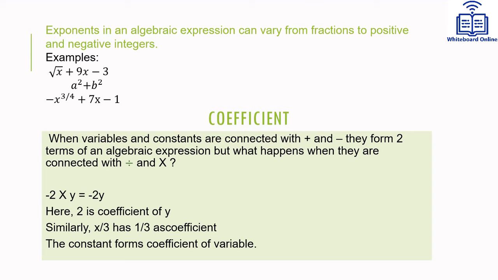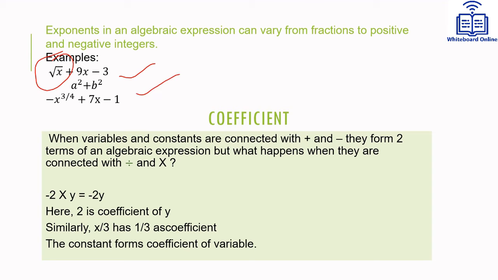For example, in the first example, square root of x plus 9x minus 3 forms an algebraic expression. Why? Because it has a variable, a constant, and three terms connected with plus and minus. But there is a power of 1 by 2. x is under the root. What does this mean? x has a fractional power. A power as a fraction also forms an algebraic expression.